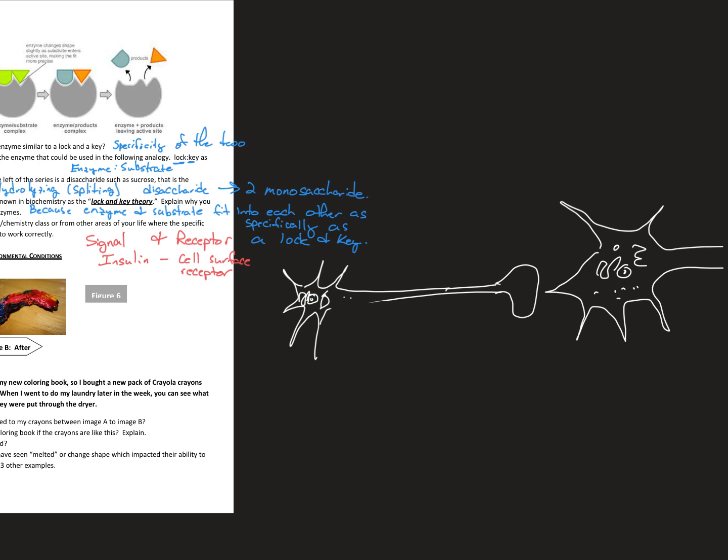And what these neurons do is send a signal from one cell to the next across what's called a gap, right? The signal has a specific shape, and the receptor on the other end is connected to a channel protein.